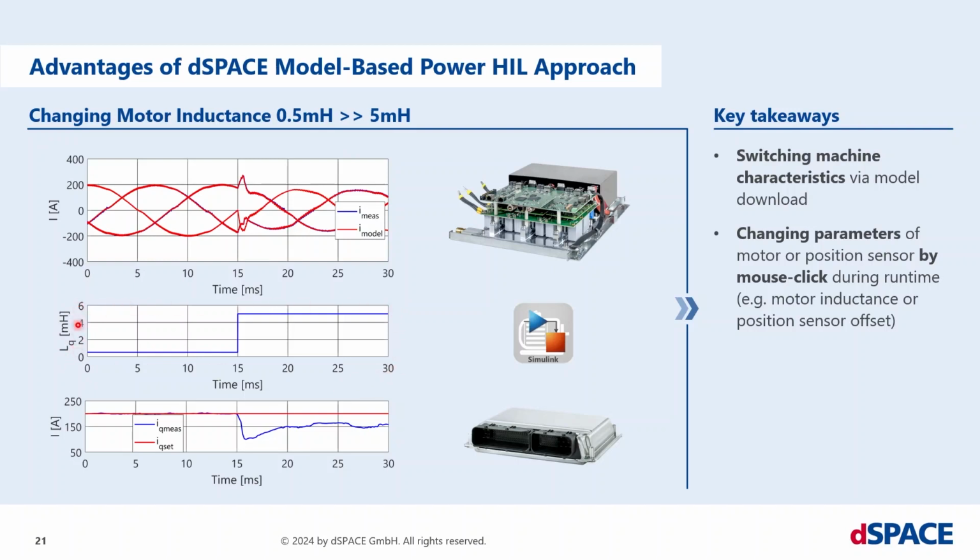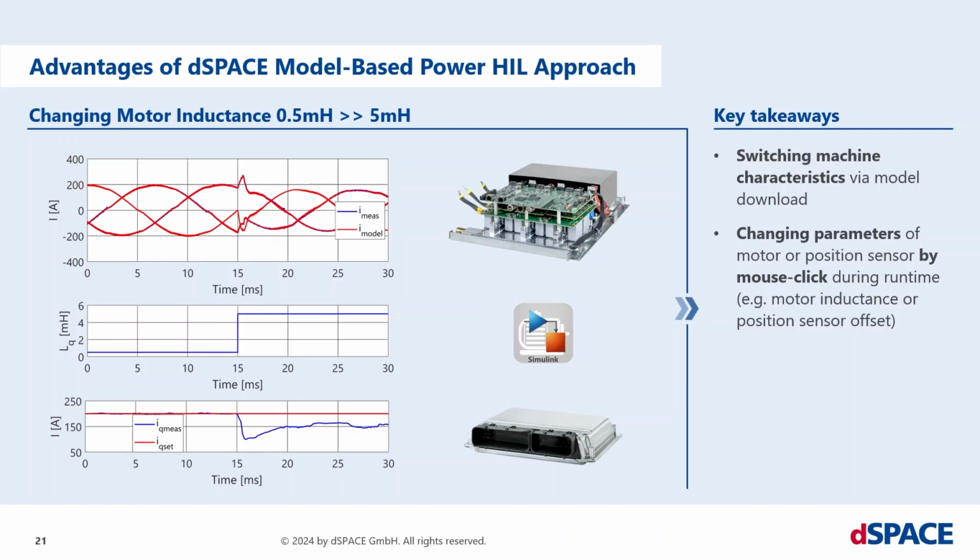So in that chart, you see the motor inductance with respect to the time. You see the currents with respect to the time. And you see the quadrature currents, and you see the phase currents here in that chart.